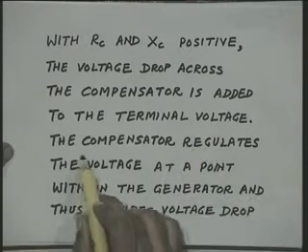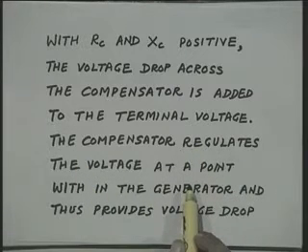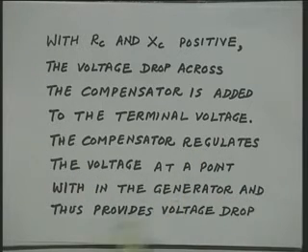The compensator regulates the voltage at a point within the generator. This is particularly required when you have two generators connected in parallel and we want to do reactive load sharing. The reactive load sharing by the two generators will depend upon the internal voltage which is generated, and therefore here we are trying to regulate the internal voltage.